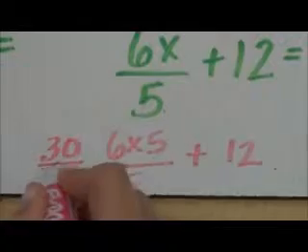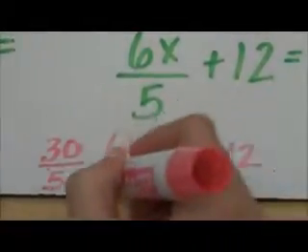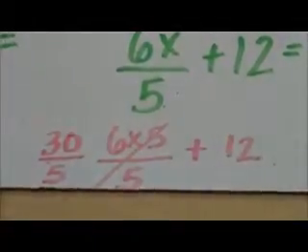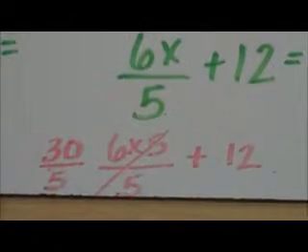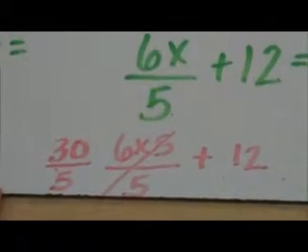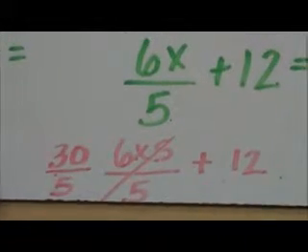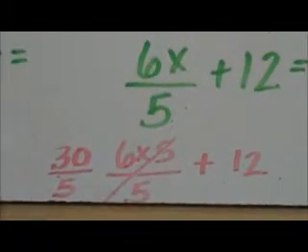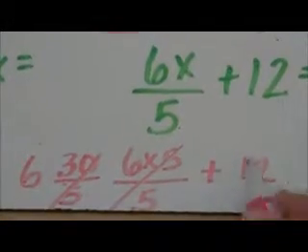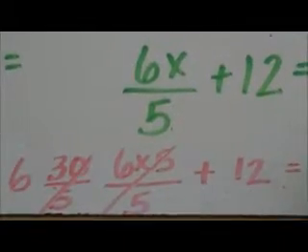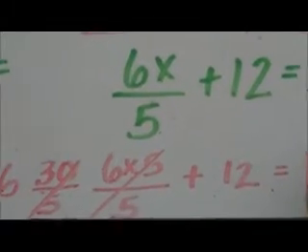We still have divided by 5, plus 2. Well, 30 divided by 5 divides evenly. If you think, what multiplied by 5 is going to give me 30? The answer is 6. So 6 plus 12 equals 18. And there's your answer.